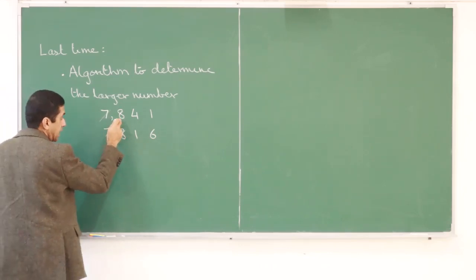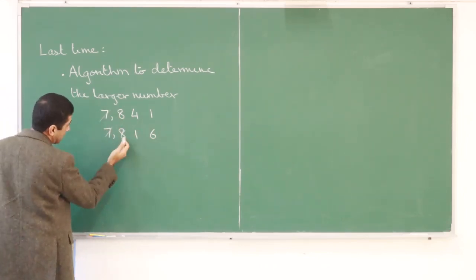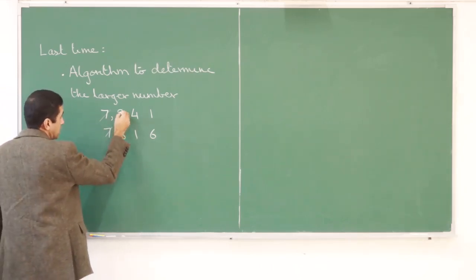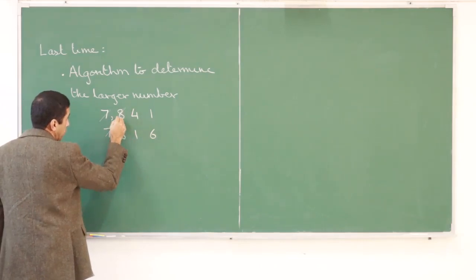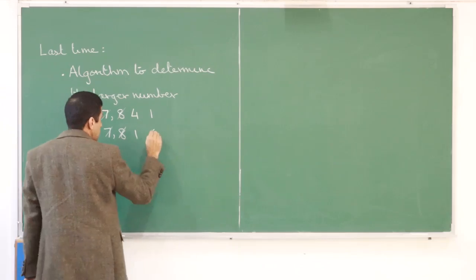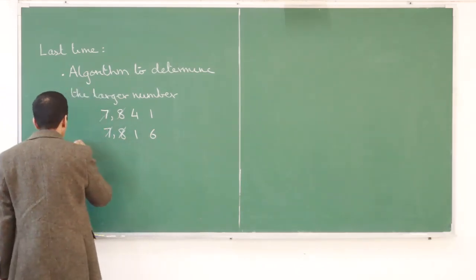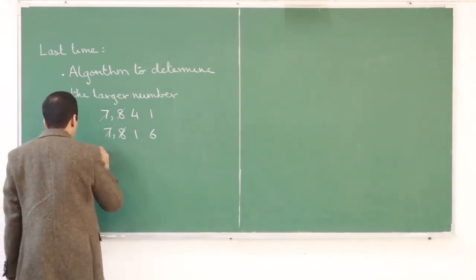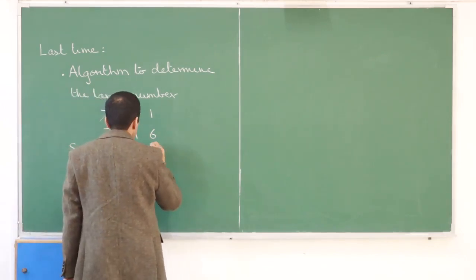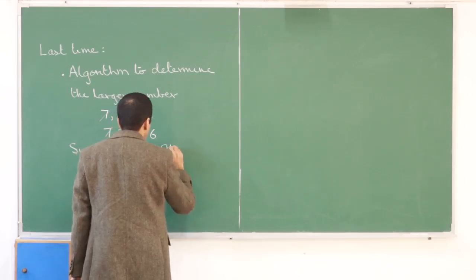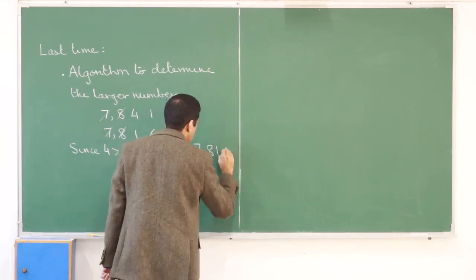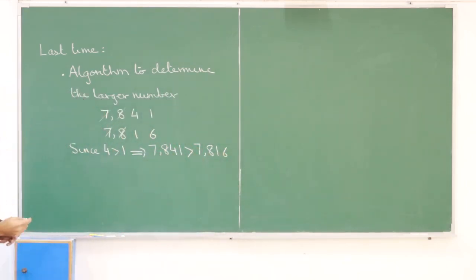Then 8 is equal to 8, so we go to the next digit. We always start from the most significant digit and move right. Then, since 4 is larger than 1, this implies 7,841 is larger than 7,816. That was the algorithm we did last time.